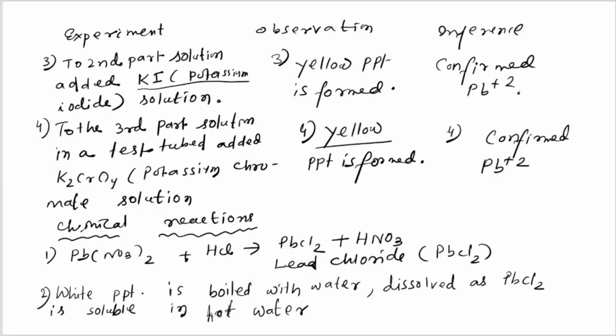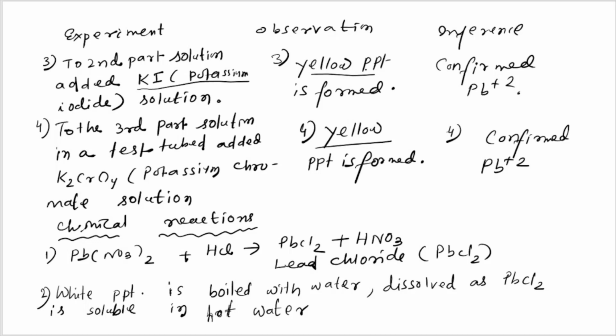See, in lead, yellow is very important, whether lead iodide or lead chromate. Here it will give lead chromate. When potassium chromate is added to the solution, you get a yellow precipitate, and that also confirms lead. I think it is clear.